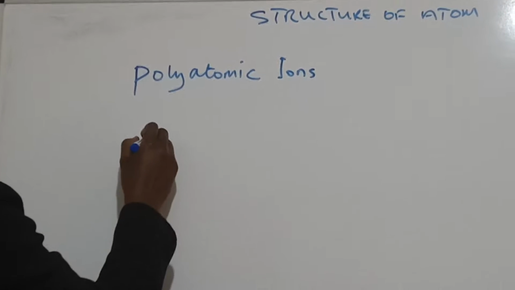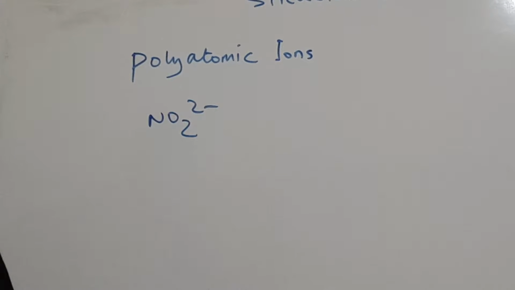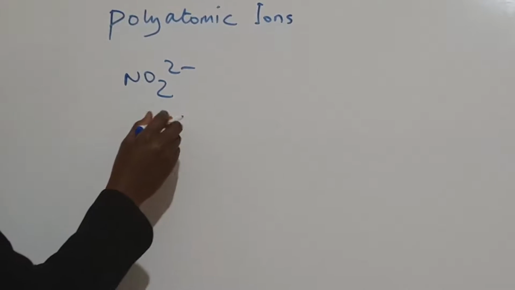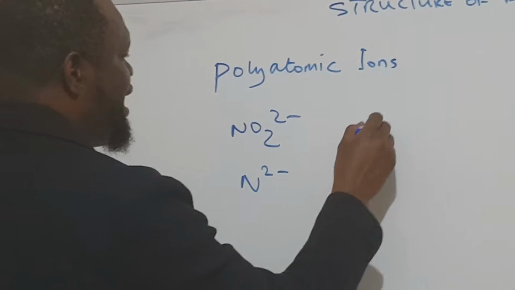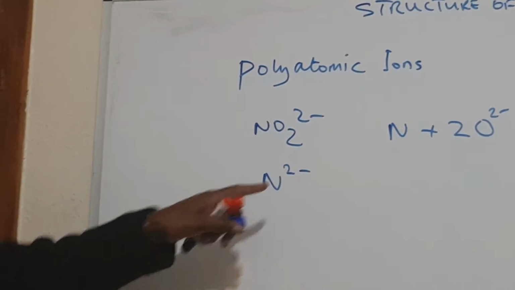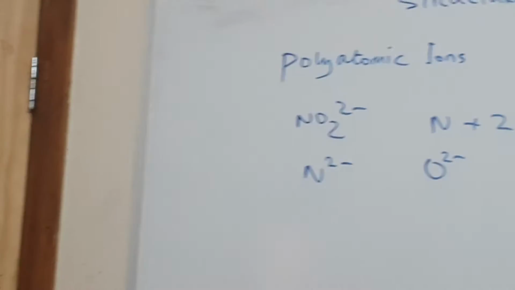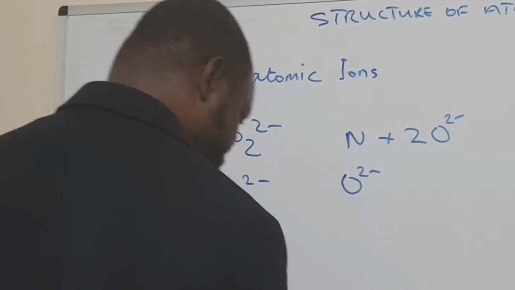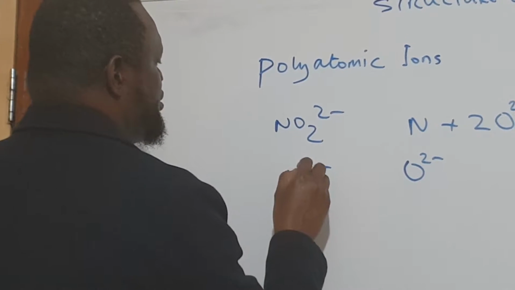Now let's look at NO2 minus. NO2 minus means 1 nitrogen plus 2 oxygen in it. Oxygen is 2 minus. Nitrogen is in group 5. Which group is nitrogen? Group 5.